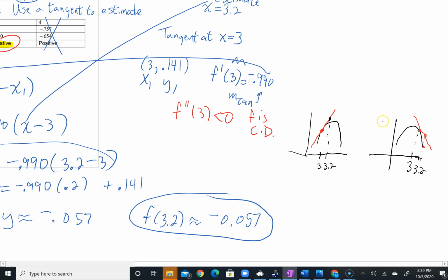You can see that your tangent line is going to be above the actual curve. So we will have an overestimate. The y value on that red line will be higher than what's on the black curve. So we can say this is an overestimate. And the reason is because f double prime of 3 is negative. That's a good enough reason to have.